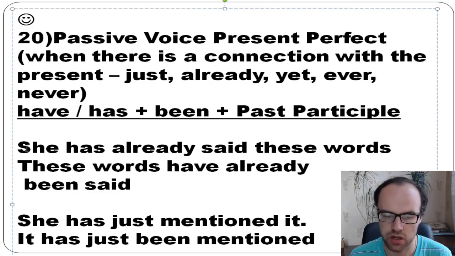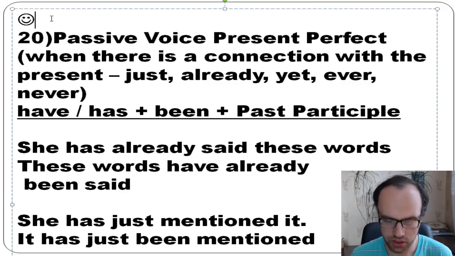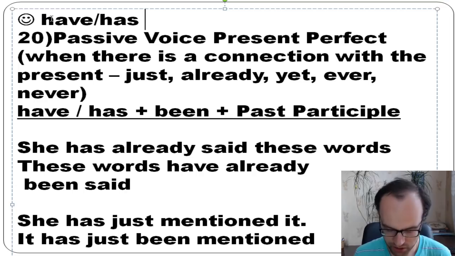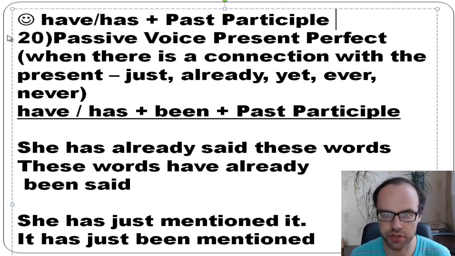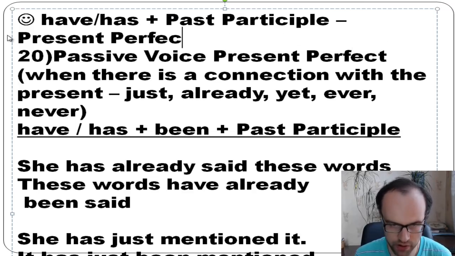Look, so she has already said these words, so it's present perfect. You know that if you use have, has plus past participle, it's present perfect. I think that you know it very well.